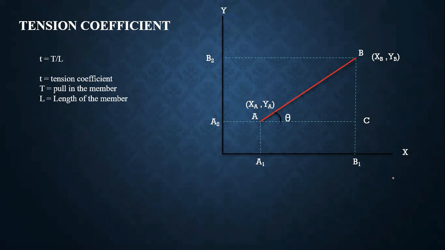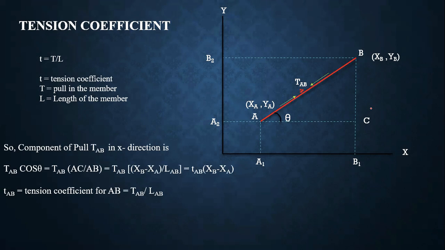Suppose capital TAB be the resultant pull in this member, and these are the directions. So the component of pull TAB in direction of X will be TAB cos theta, and cos theta will be AC upon AB. So it will be TAB bracket AC upon AB, and AC we can write as XB minus XA because A and C are in the same plane.